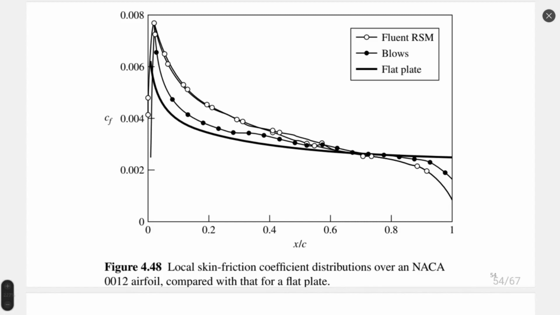But at least it's some estimation. Here, Fluent RSM and BLOWS are two different CFD models used to calculate the Cf coefficient. Not exactly corresponding flat plate to airfoil, but at least giving some information on how much the value could be.